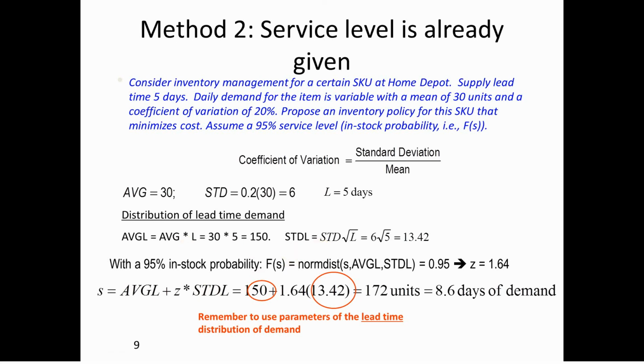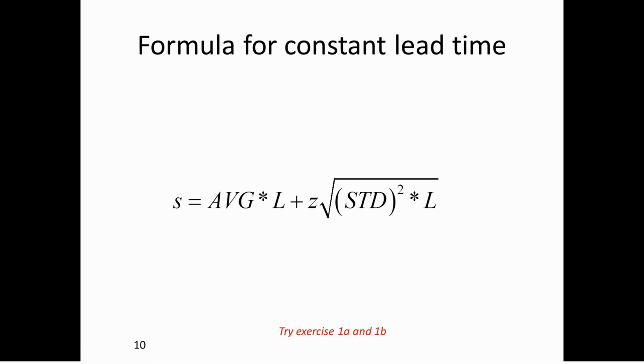Compounding just means it's adding. So in general, the formula for constant lead time would be the average demand times the lead time plus the safety factor times the square root of the standard deviation squared times the lead time. Again, this is going to be the AVGL, and this is going to be the STDL.